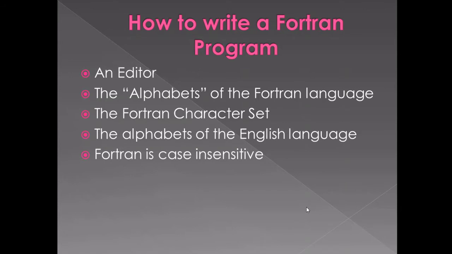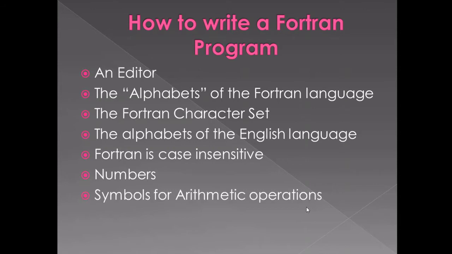Of course, you can't write like we write English. There are different terminologies, different rules which need to be followed. We'll be learning them. But of course, the Fortran character set includes the alphabets of the English language. Then the numerals, starting from 0 to 9, can be used in writing a Fortran program.